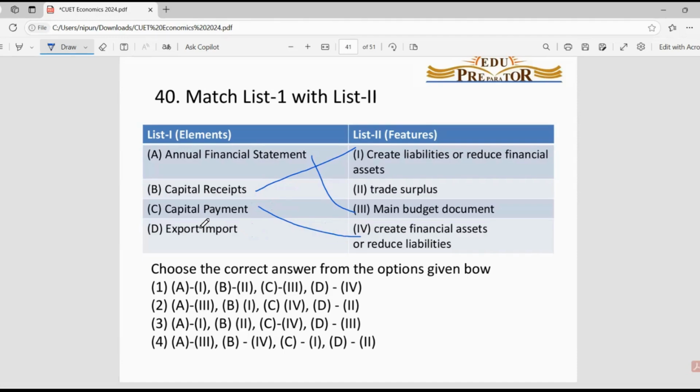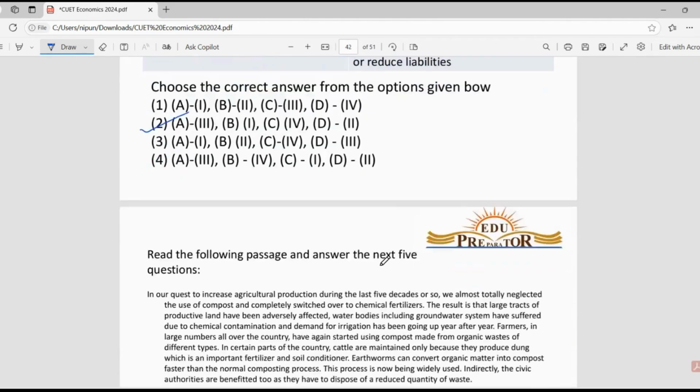Right? It should be either export minus import or export greater than import, which implies that it is trade surplus. So it should be A3, B1, C4 and D2. A3, B1, C4 and D2, which means correct option is option number 2.